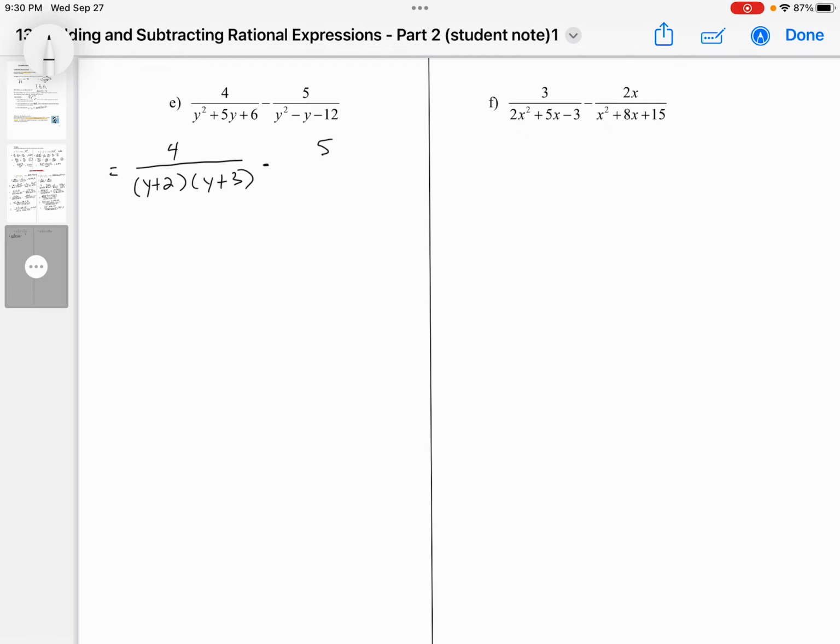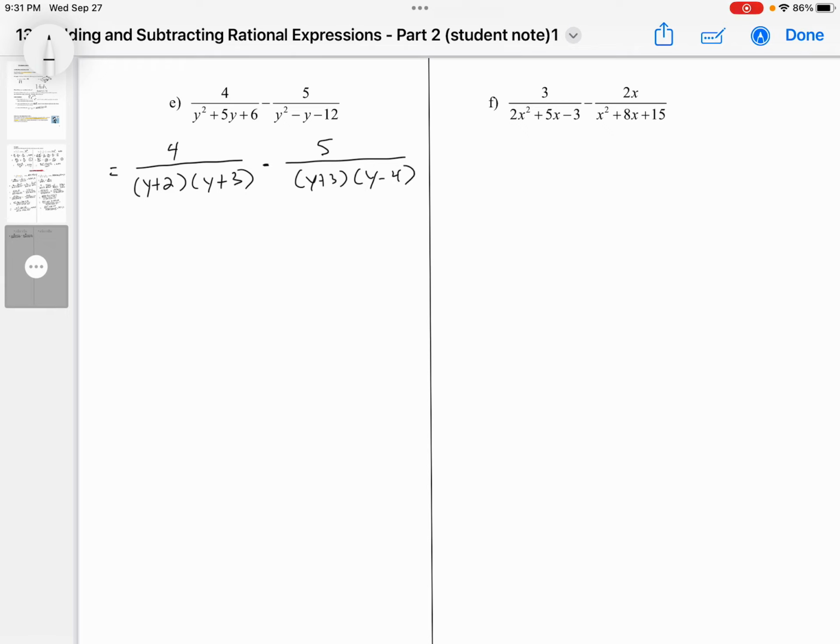Second set of brackets, also simple trinomial factoring. The a value is only 1. That kind of trinomial factoring is not too bad. I need 2 things that multiply to -12 but add to -1. Let's see, multiply to -12. 2 and 6, no, that doesn't. 1 and 12, no, that doesn't. 3 and 4. Oh, it must be 3 and 4 because 3 and 4 are 1 away from each other. So I get y plus 3 and y minus 4.